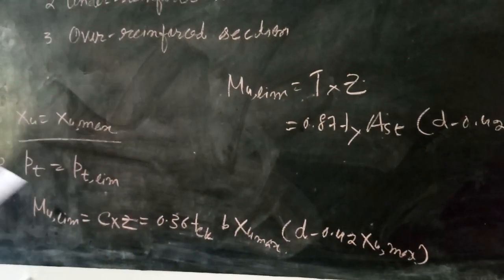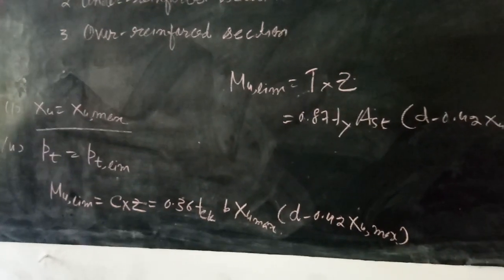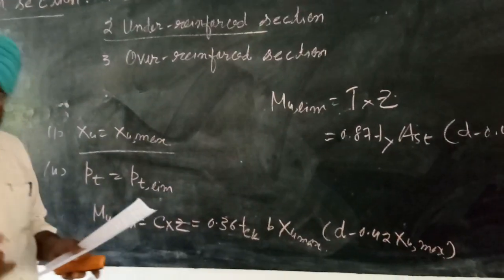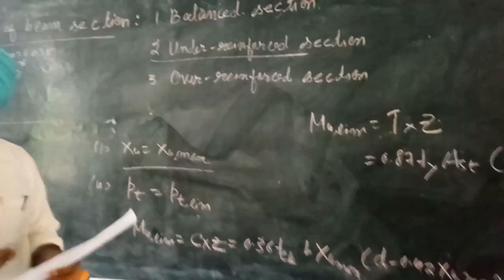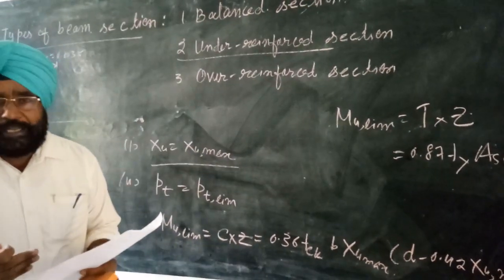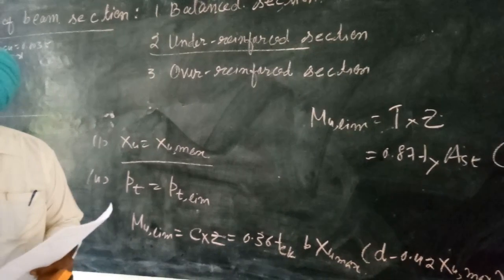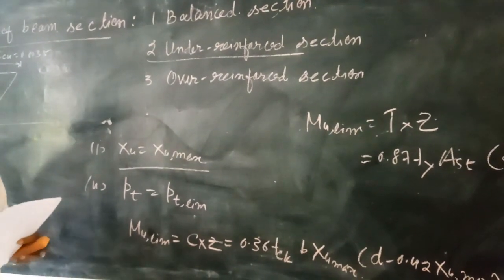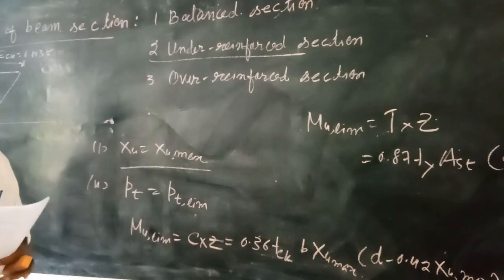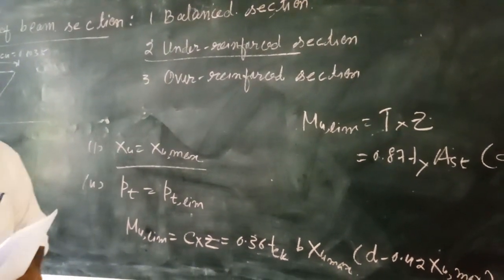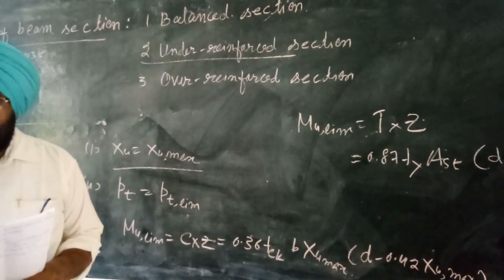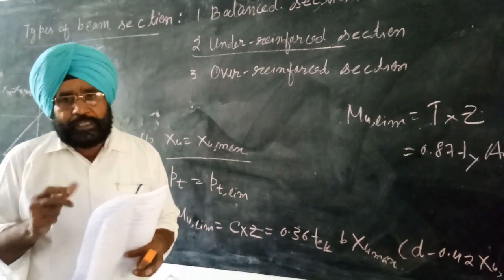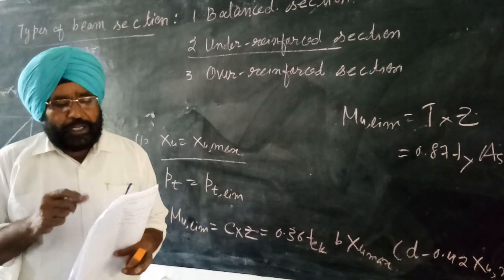So second type of the section is under reinforced section. Under reinforced section is the section in which the tensile steel reaches the yield strain at loads lower than the load at which the concrete reaches the failure strain. When the steel yields earlier than the concrete, there will be excessive deflection and cracking with a clear indication of impending failure.